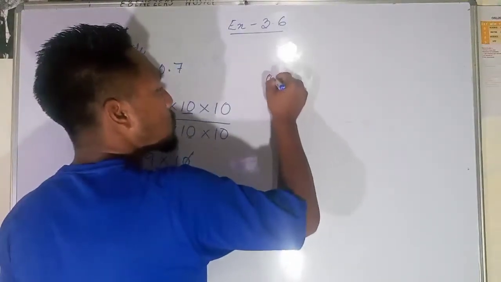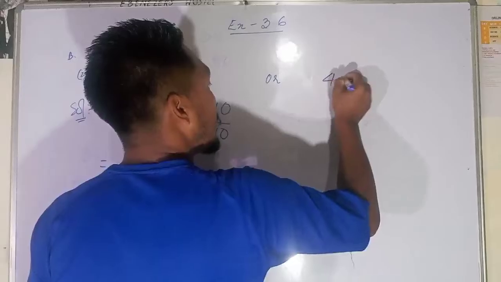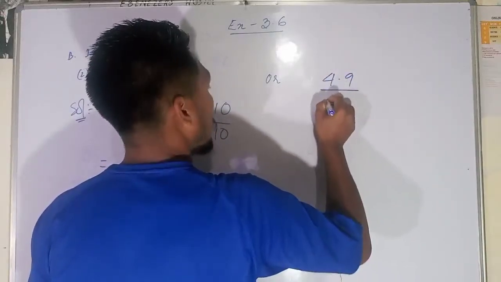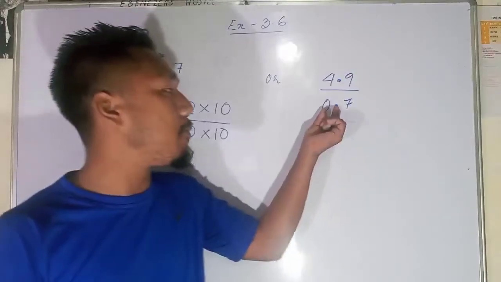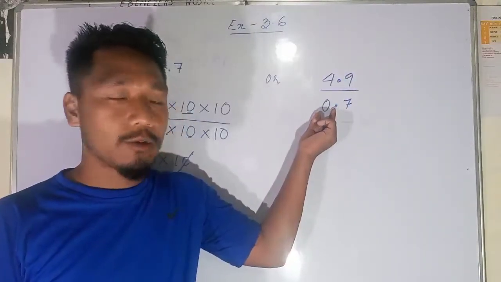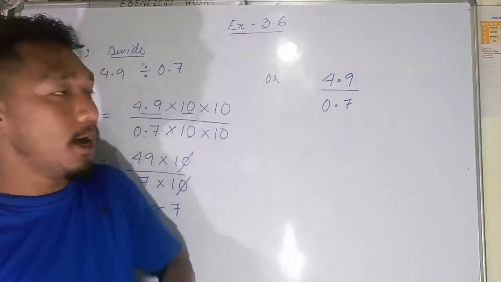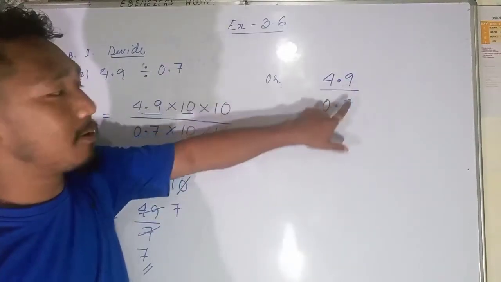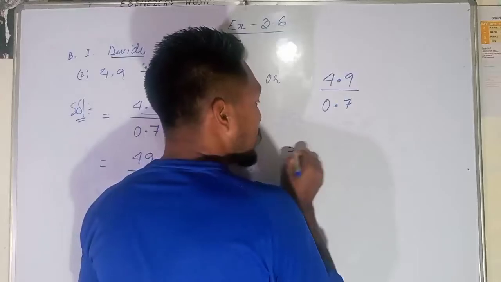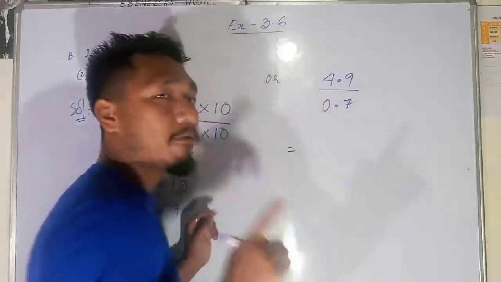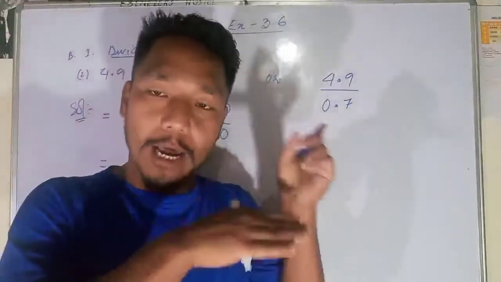Or you can also do it this way, like 4.9 divided by 0.7. Now what we shall do is try to remove the point from the downside. So we'll see how many places. Upside, after the point we have only one number, and downside also only one number. So we can easily remove the point. After the point we have only one number for both up and down.